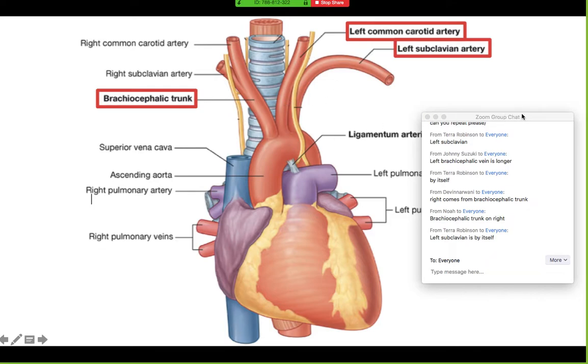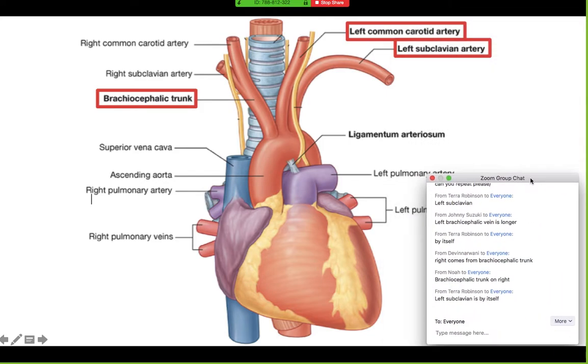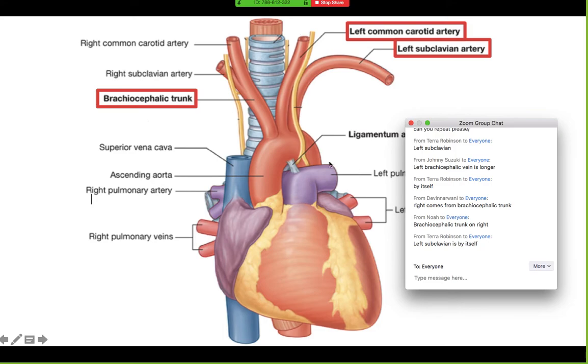This slide is here to point out two things. The ligamentum arteriosum, and then what is this nerve right here? And what's an important branch coming off of it?